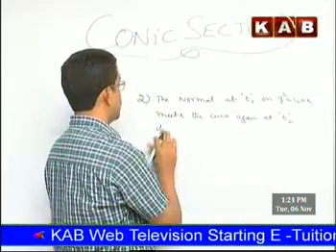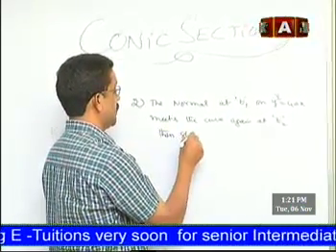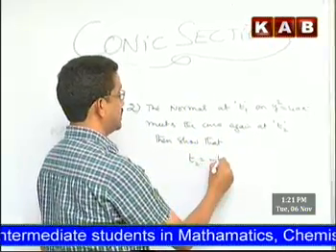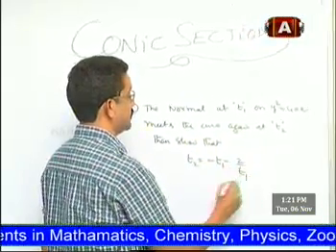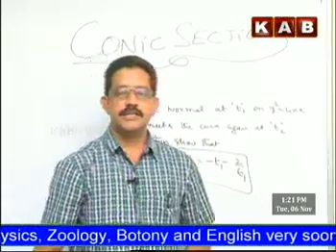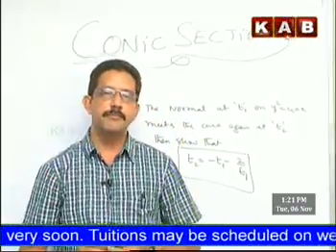Then show that t2 is equal to minus t1 minus 2 by t1. This is the result they asked. A long answer question, a 7 marks question, very important.